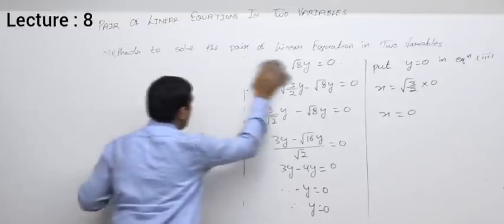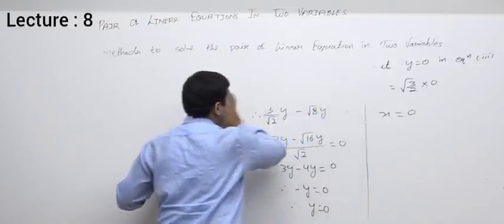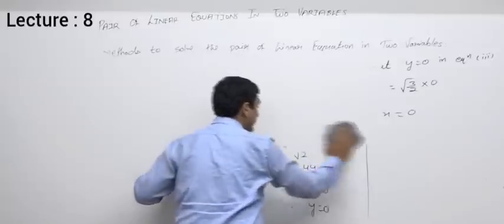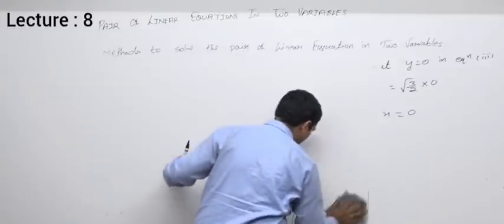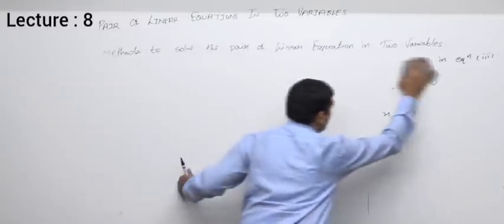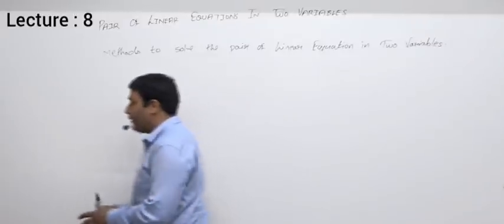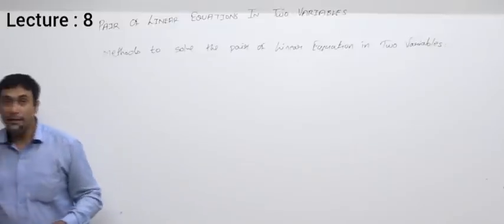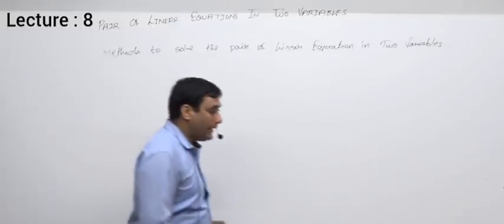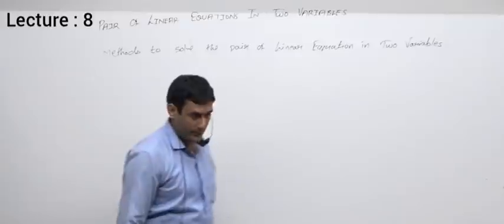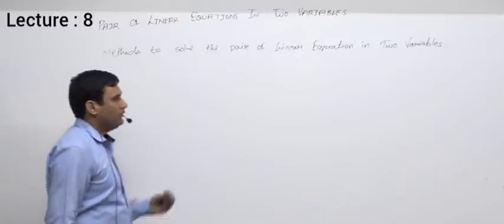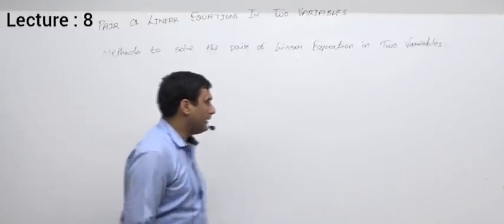So the only thing in a word problem is that you have to frame the word problem in terms of mathematics. I would like you to say that you have to convert the English language into the mathematical language.